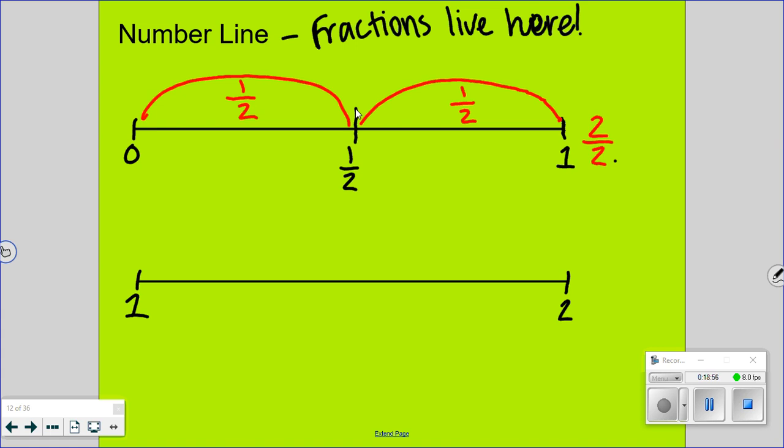So those are pieces of numbers. Now, just like what we just did, I can split it in half. But that number is not 1/2. It's going to be 1 whole plus a half. I've got 1 whole and a piece of a half.